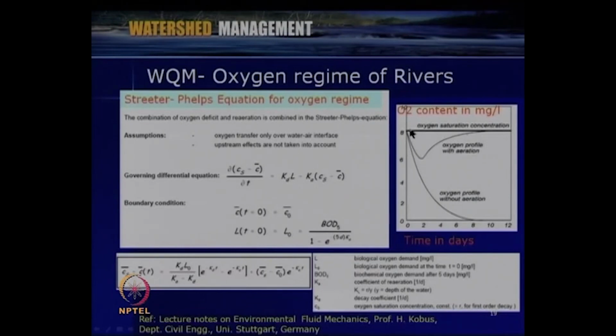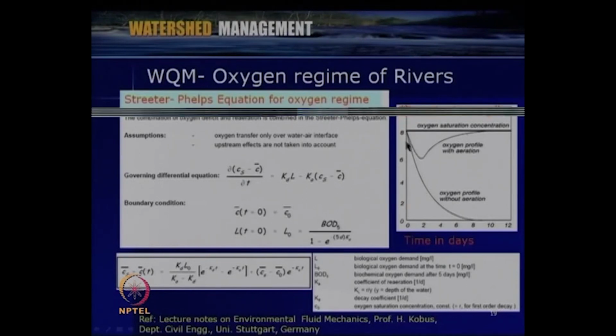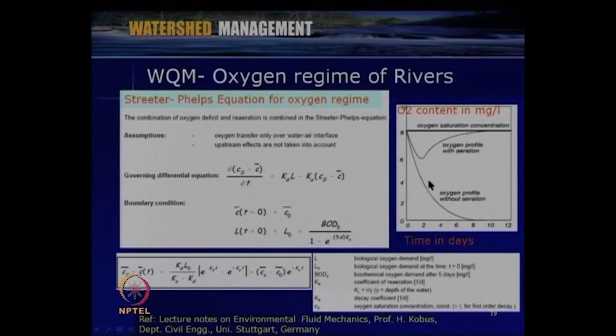You can see that, with respect to time in days at a particular location, the oxygen saturation is this, and depending upon the contaminant pollutant load within the river, if no aeration is taking place, the oxygen profile will keep on decreasing like this. If there is aeration, then the oxygen profile with aeration is as shown in this figure, reproduced from the lecture notes of Professor Kobus.